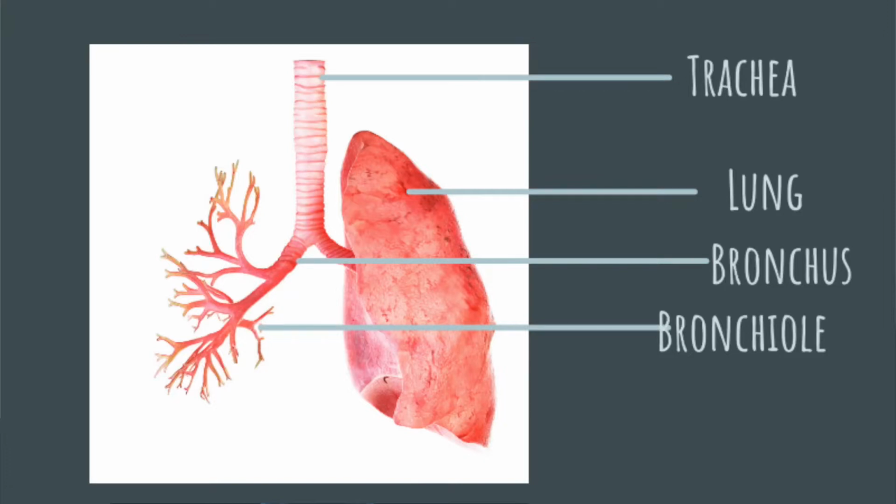Now, that airflow, once it is coming into the lungs, goes through the mouth, through the voice box, through the trachea, which is the windpipe, and then it splits into two main bronchi, which are just additional tubes, basically, that go down into the lungs, and then it splits even further into what's called bronchioles. So that is the lungs in general.